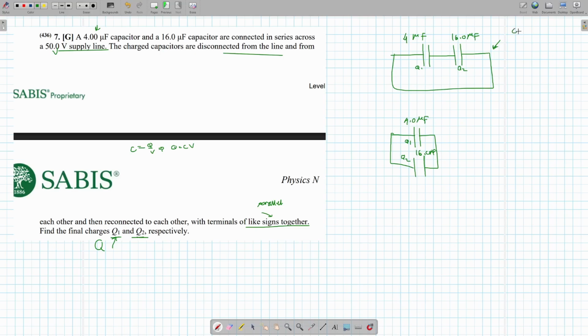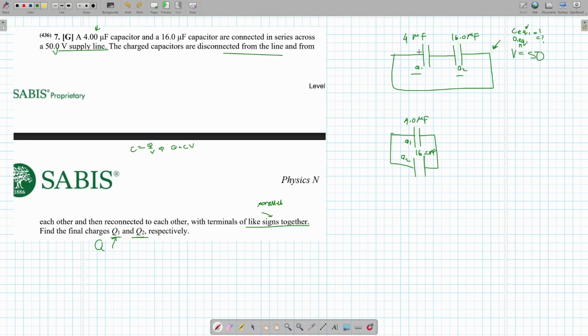So let's call it C equivalent 1 and Q equivalent 1. Okay, what are they going to be? Because we don't know what Q1 is, we don't know what Q2 is, but looking at them in total, we can find out what it is. We know that the voltage is still 50, right? Now, and why am I looking at equivalent? Because they gave me the voltage is 50.